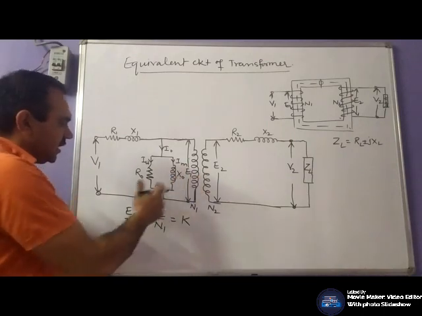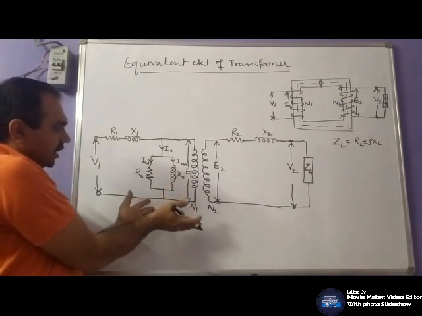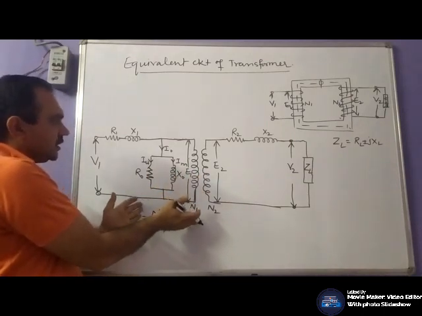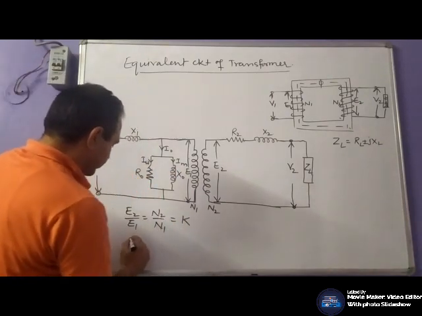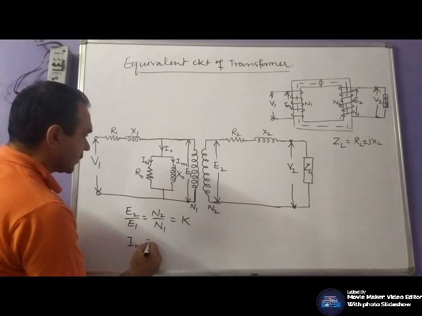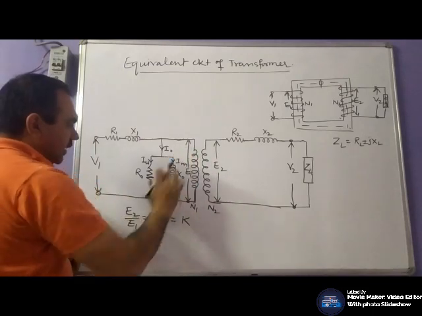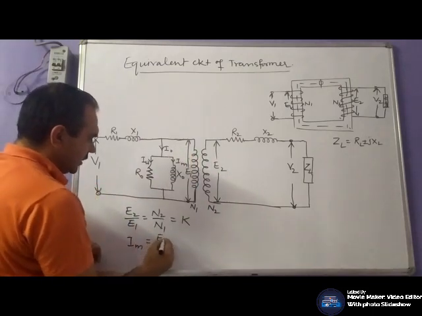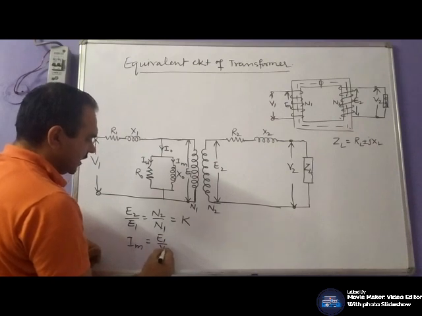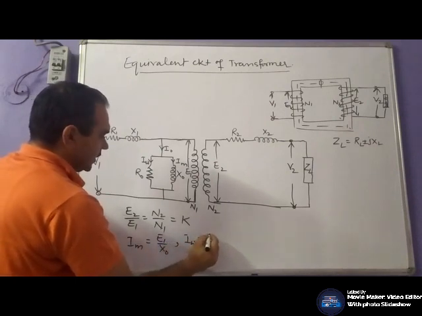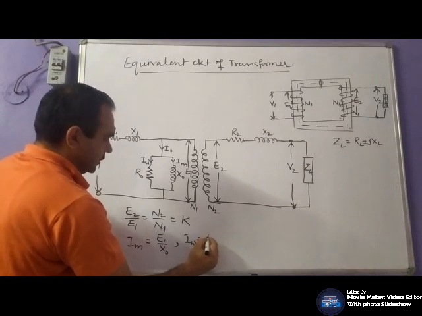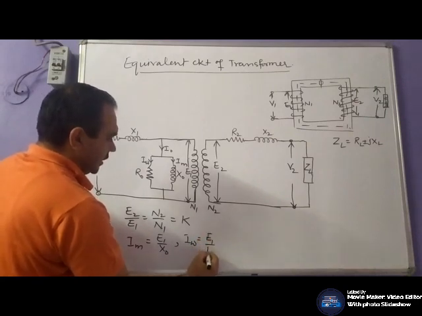These resistances and reactances. As we see here, if you want to find out IM, this EMF is in parallel with this, so it will be E1 by X naught, and IW is E1 by R naught.